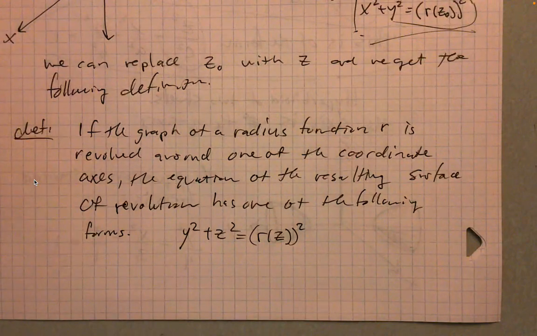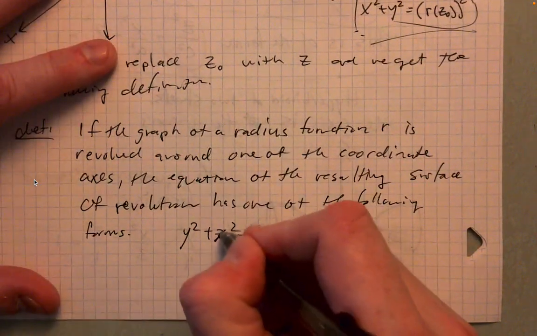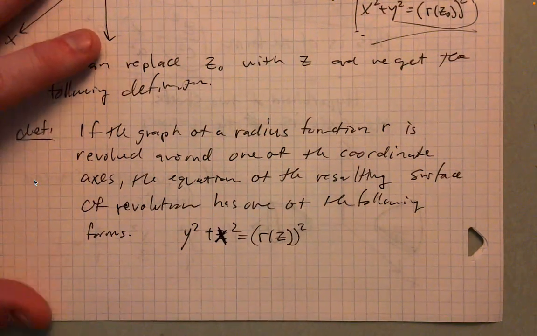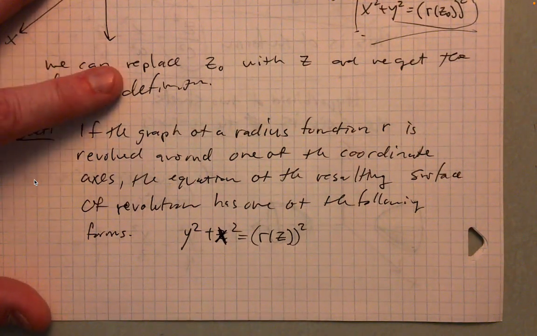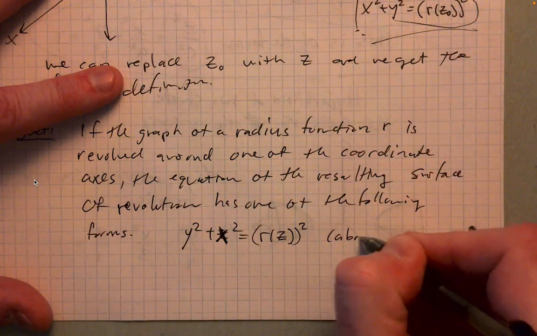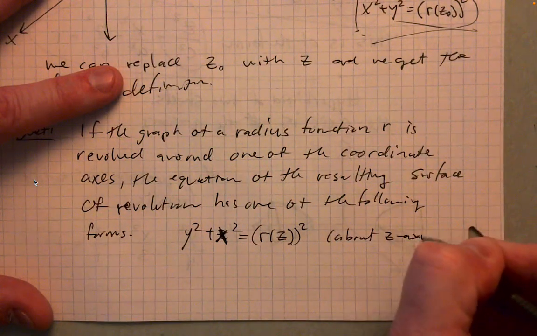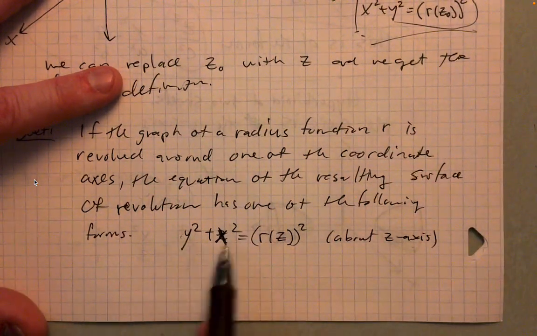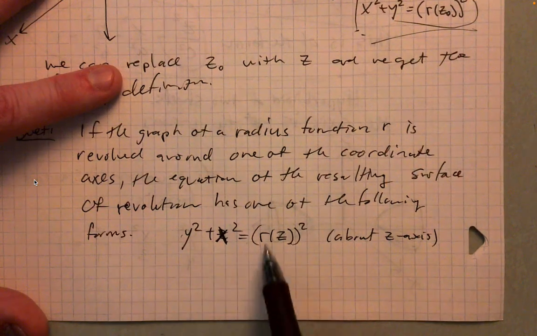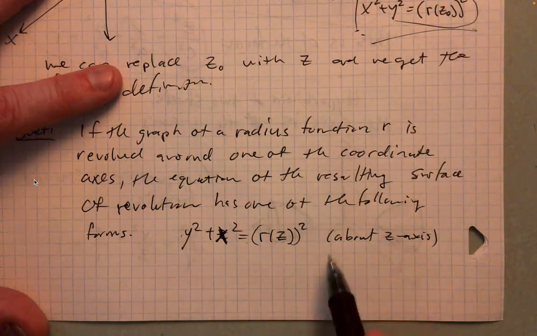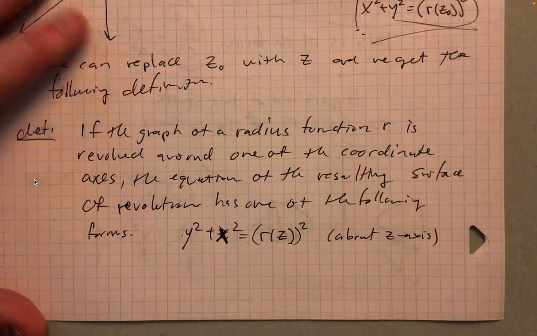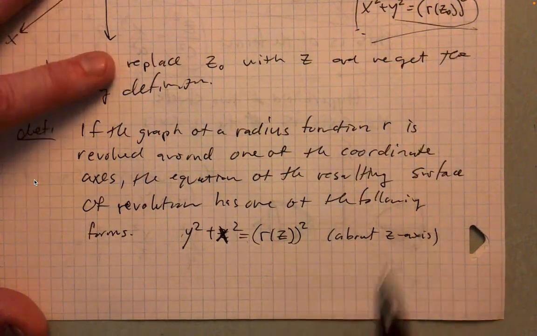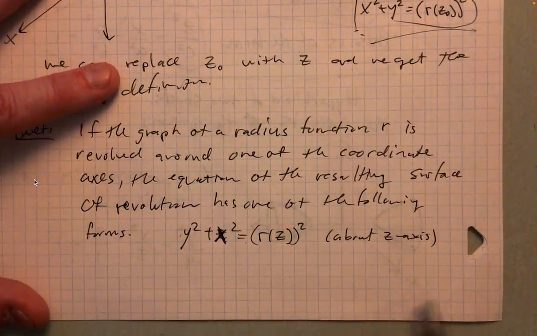If you're rotating about the z-axis, then x squared plus y squared equals r of z squared. This is about the z-axis, like the picture we've been looking at. What if it's rotated about the x-axis?